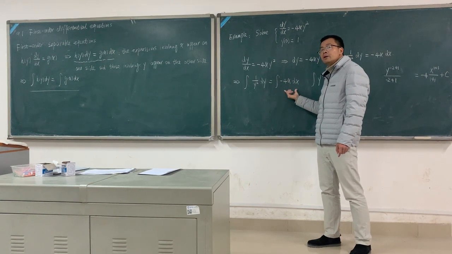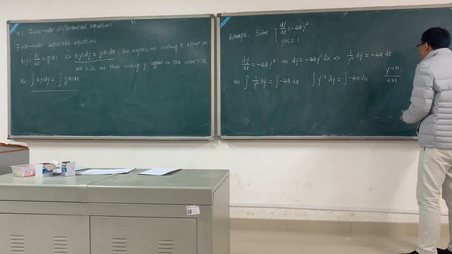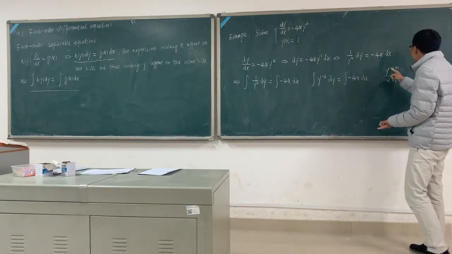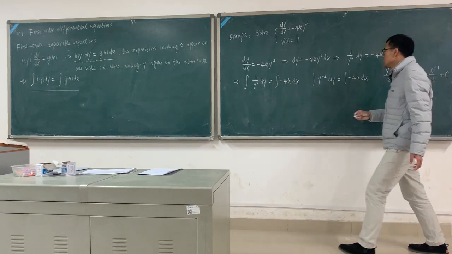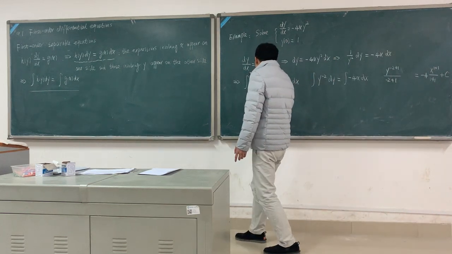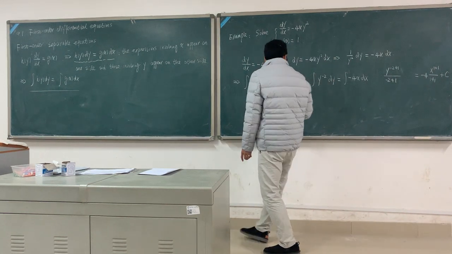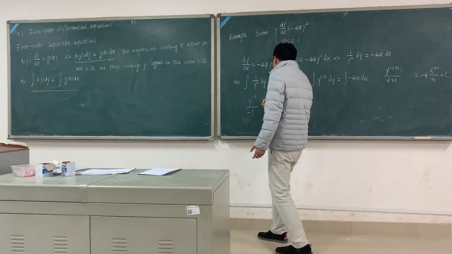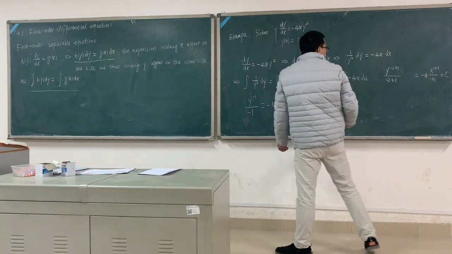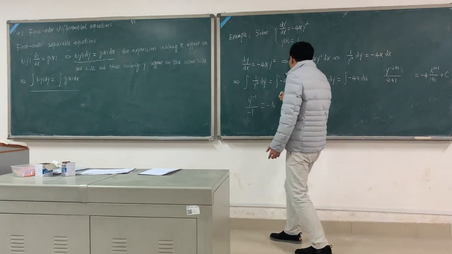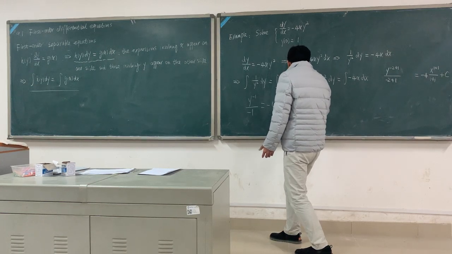So the result is y to the power minus 1, divided by minus 1, equal to minus 4 times x squared by 2 plus a constant c.